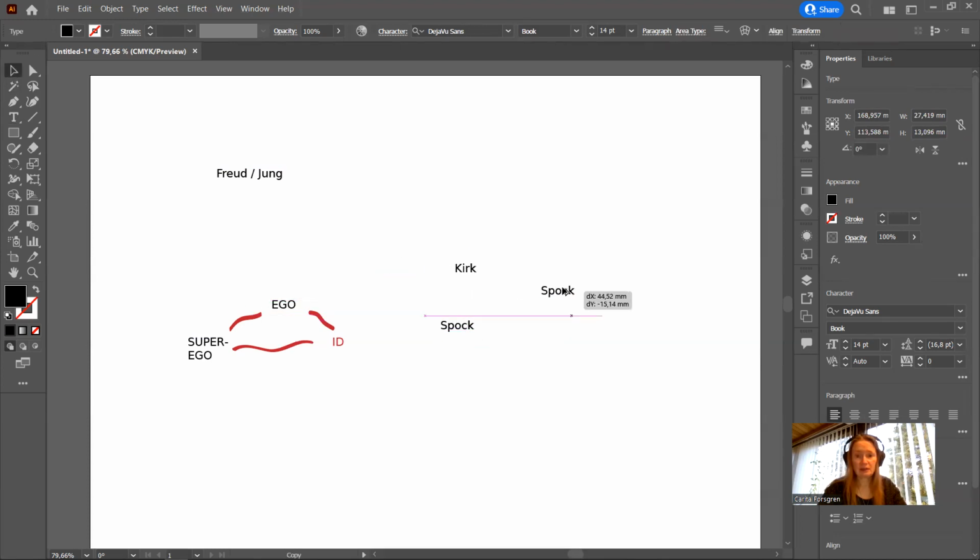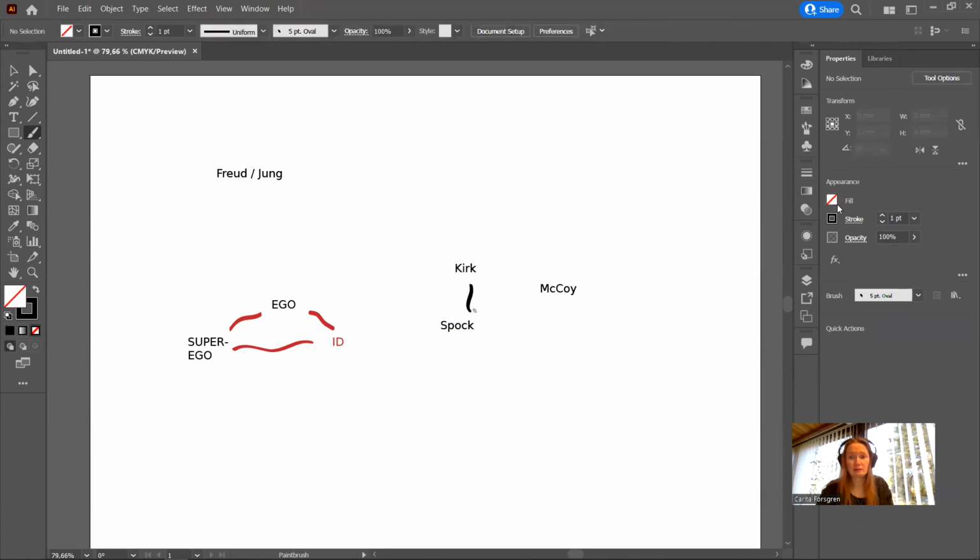And the third partner here is called McCoy. So McCoy is the doctor of the ship. Spock is half alien, and he belongs to a race that is only rational at all times. And these three work together as well, partners.